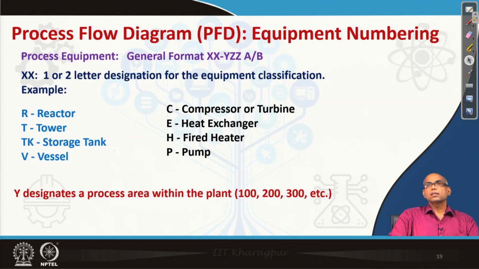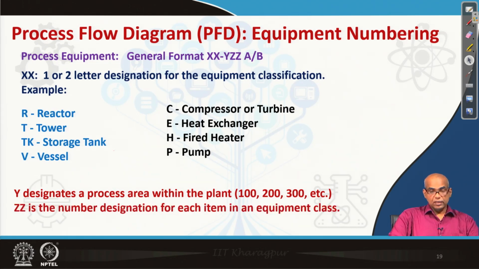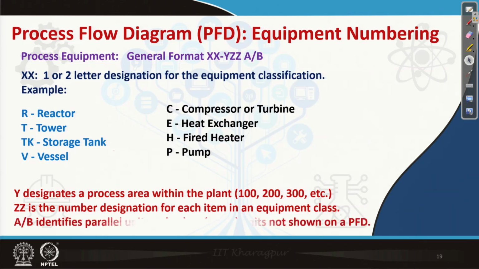It is normally numbered like 100, 200, 300, etc. Then ZZ is the number designation for each item in an equipment class. And finally, A/B identifies parallel units or backup spare units not shown on a process flow diagram.